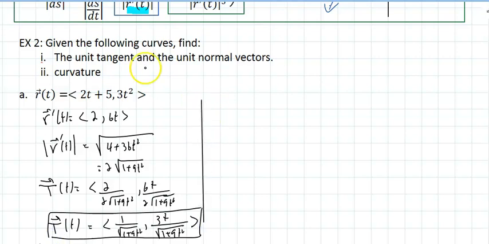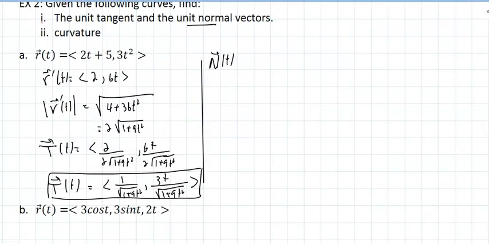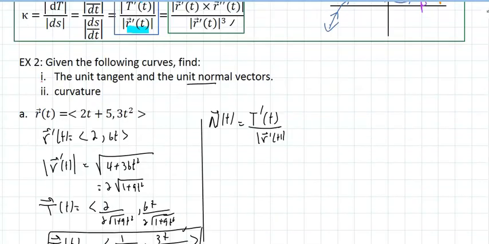To find the unit normal, so keep things in perspective, I did put an arrow on that thing. The unit normal is the derivative of this divided by the magnitude of T prime. Again, the formula is right there.